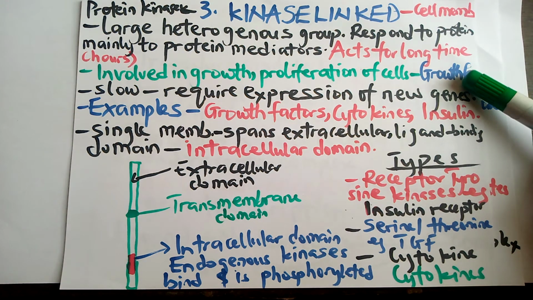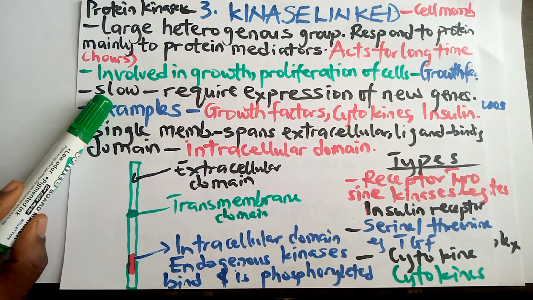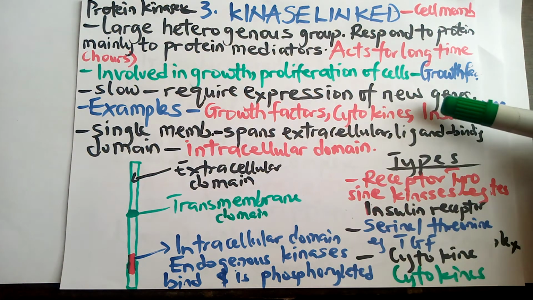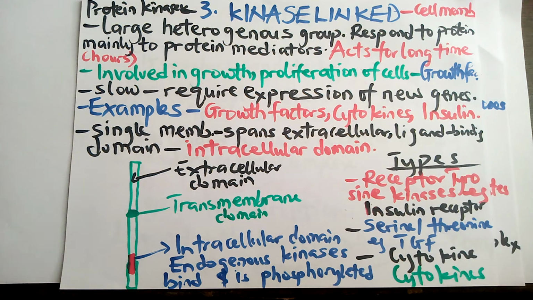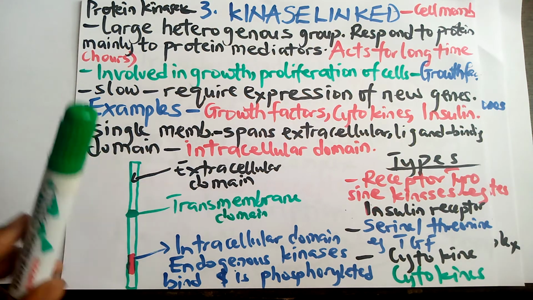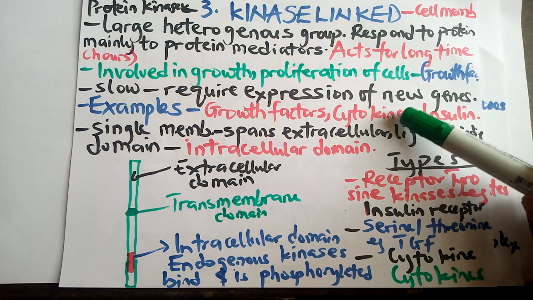They enable growth factors to work very well, and because they act for a long time, they are slow in their action and require the expression of new genes. Examples of molecules that are kinase linked are your growth factors, your cytokines and insulin.